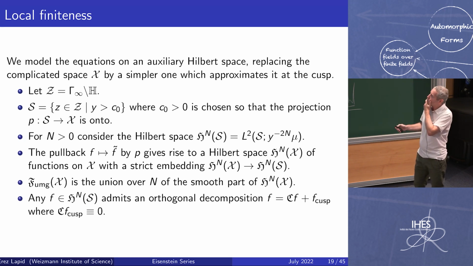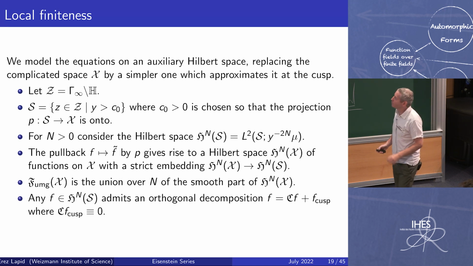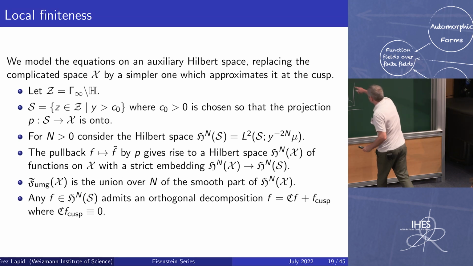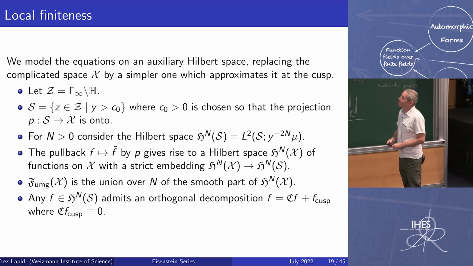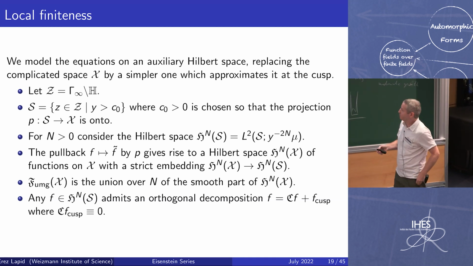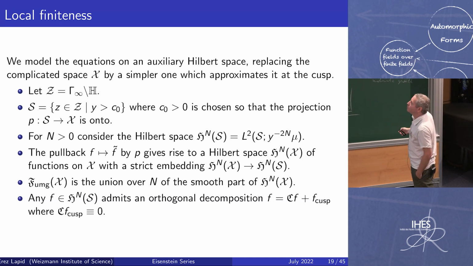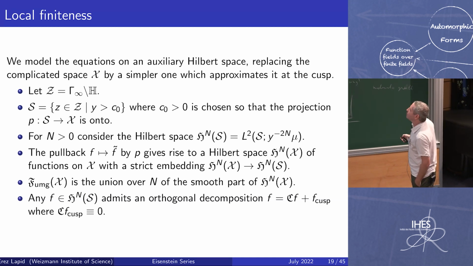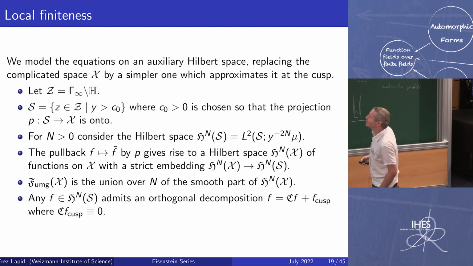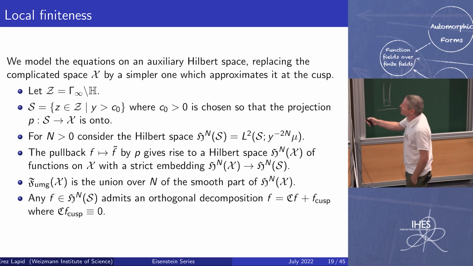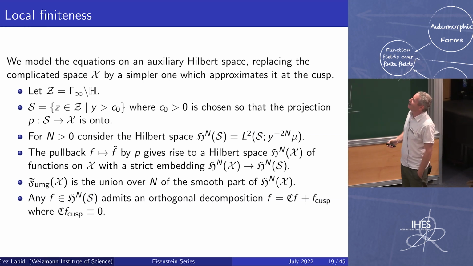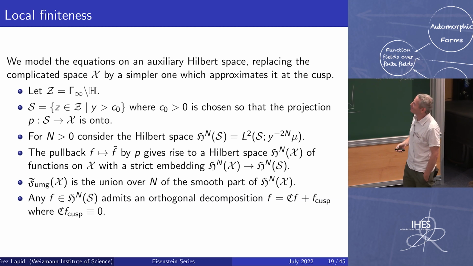So the way to do it is to approximate this complicated space X by a simple space, which is just this kind of rectangle, a truncated cylinder, truncated Z. So we have this Z. Now, did I switch notations also? Okay, so this is now Z, sorry, and which was Y before, I'm very sorry.